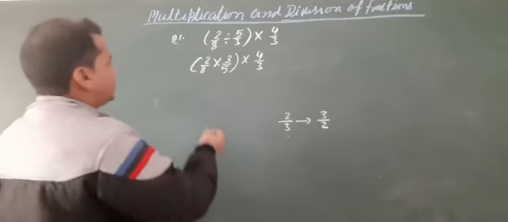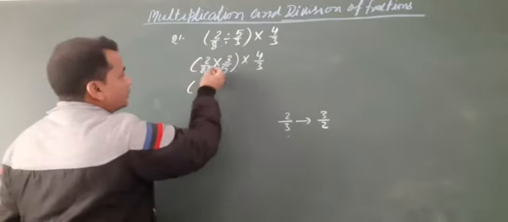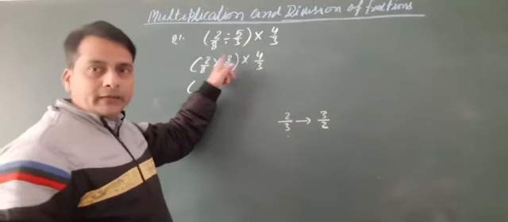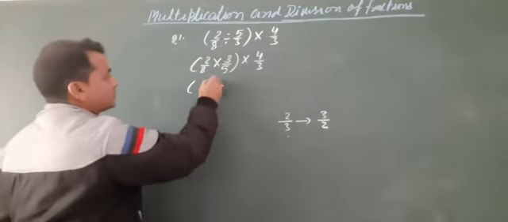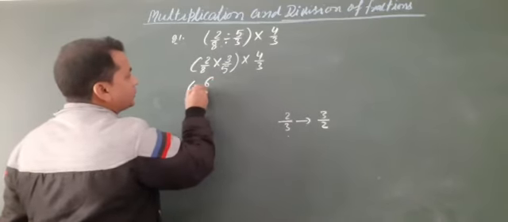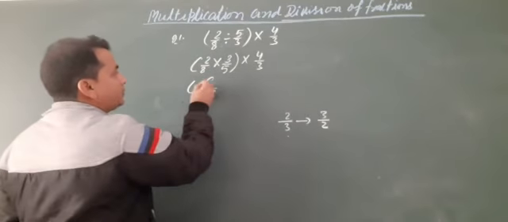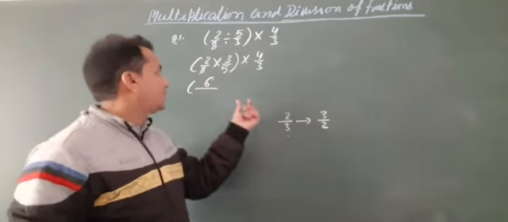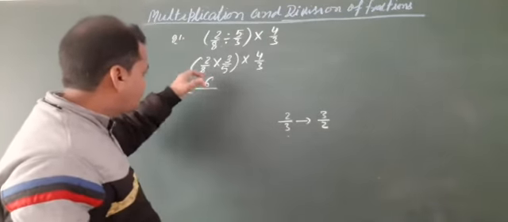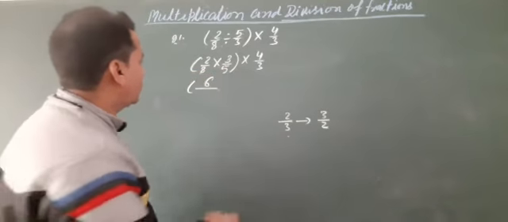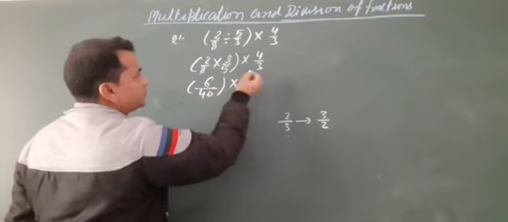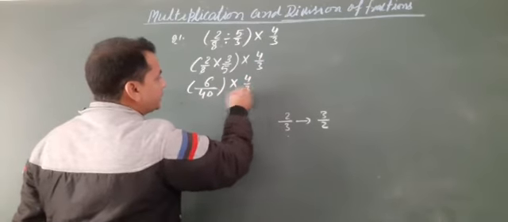Next, multiply the numerators 2 and 3, that is 6, and multiply the denominators 8 and 5 of both fractions, that is 8 into 5, that is 40, and multiply by 4 by 3.